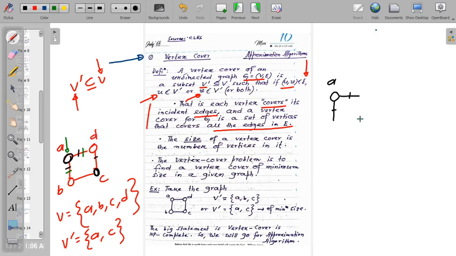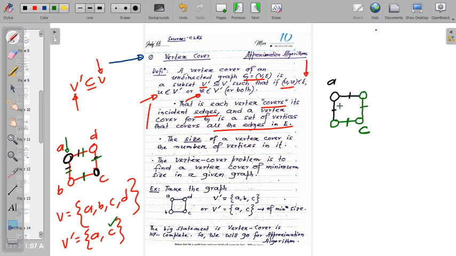To cover those, I have to include C. These two edges are yet to be covered, and that can be done by including vertex C in this set, because this edge is incident on C, and this edge is incident on C. So these edges are now covered.